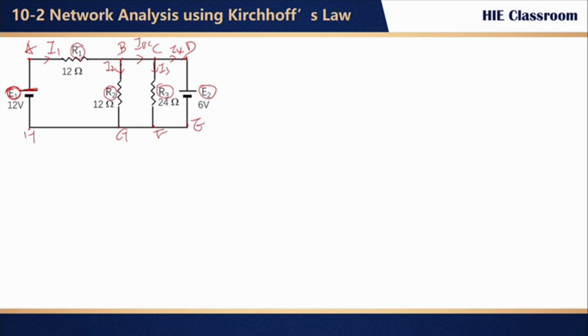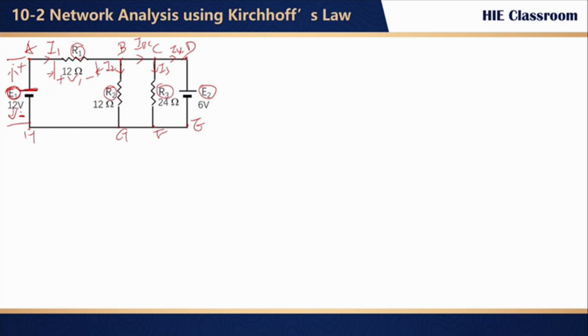Now let's go with the voltages, starting with E1 again. Since its positive end is at the top, the voltage is positive up and negative down here. Across R1, the voltage V1 should also have the current flowing from positive to negative.